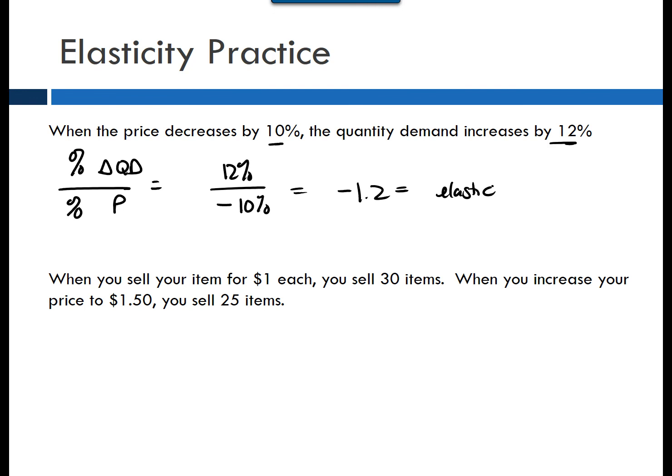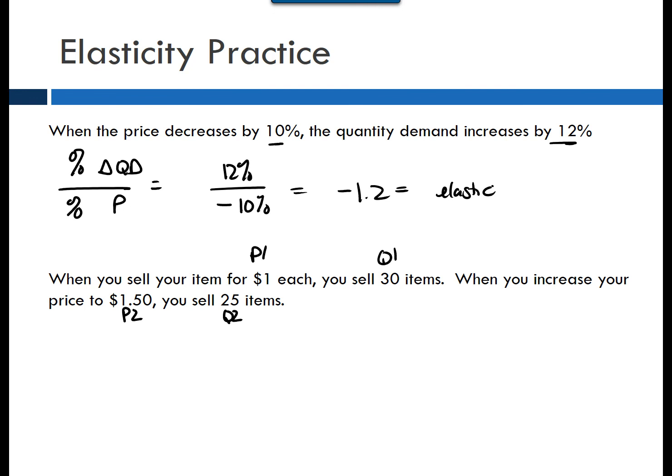It should be elastic. In the second one, you sell your items for $1 each and you sell 30. When you increase your price to $1.50, you only sell 25. So now I have two prices and two quantities, which means I'm going to use the midpoint. Here's price 1, and when I was selling at $1, I sold 30, so that's quantity 1. Here's price 2, and that's quantity 2.